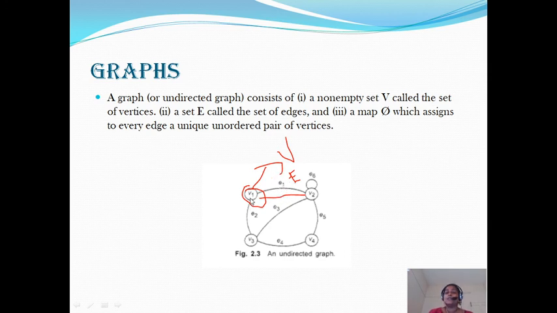That is called a map. So V1 is moving to V2 by satisfying some condition, otherwise it will not go to V2. Map means how you go from one place to another place.